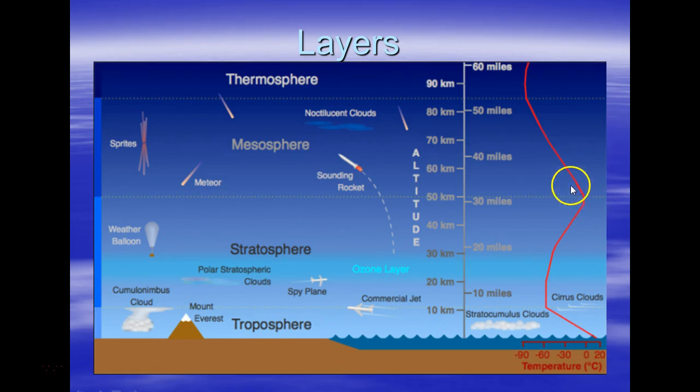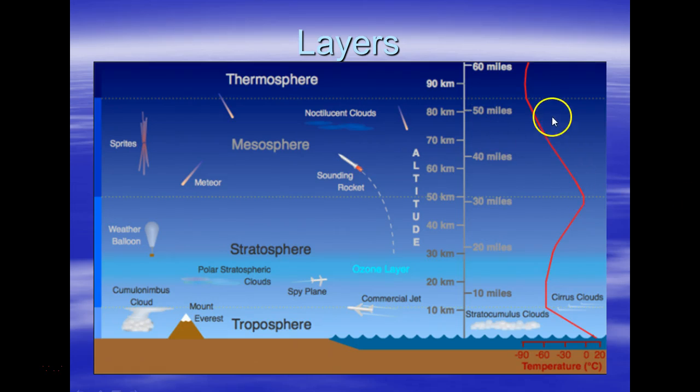Now, the mesosphere temperature is starting to change pretty dramatically. So you can see here as we go up in the mesosphere, temperature is decreasing. So why is that? Why is temperature decreasing in the mesosphere? Well, it's because it does not have an ozone layer. It can't absorb the ultraviolet or that UV radiation, and it therefore can't warm the air.